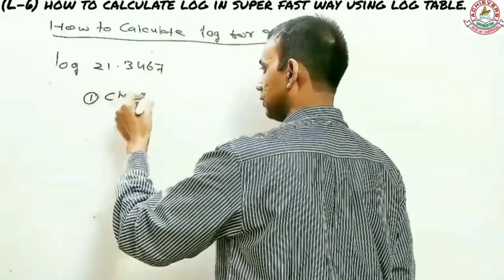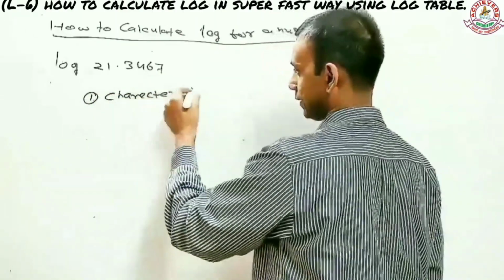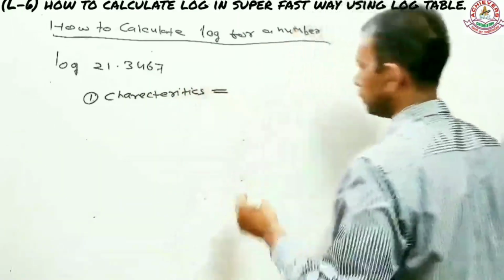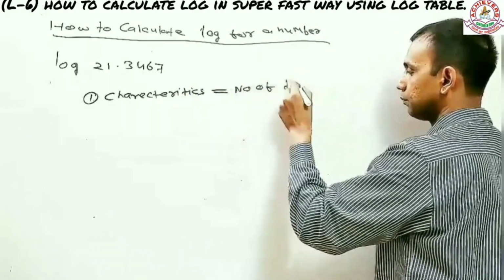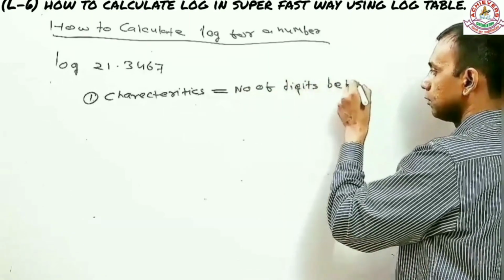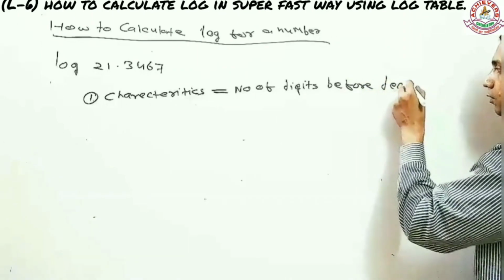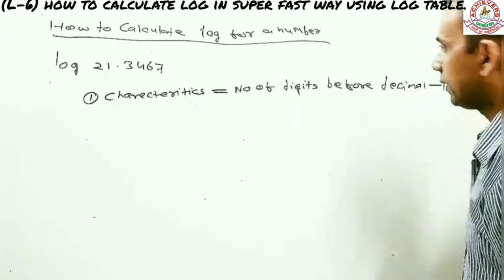Characteristic is equal to the number of digits before the decimal minus 1, right?